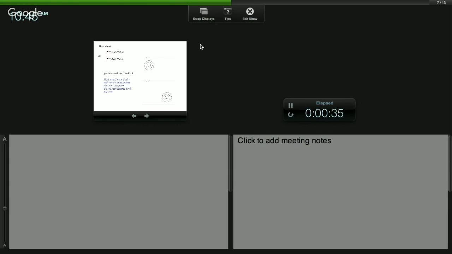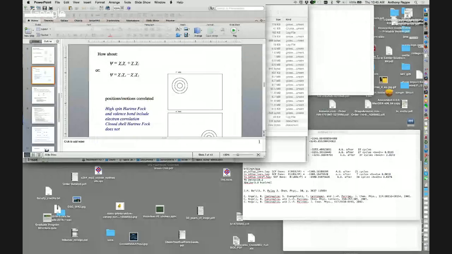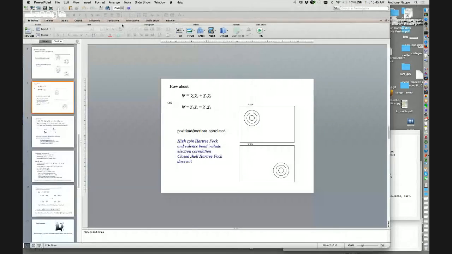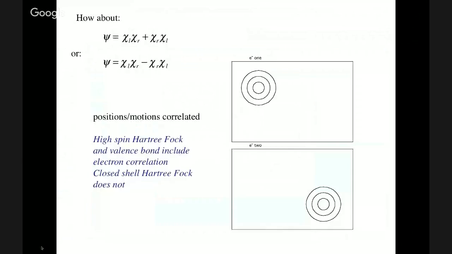And so the positions of the electrons are perfectly correlated. They stay away from each other electrostatically. And what we would say, because of that, is that we've included electron correlation. The positions are correlated or connected to each other.